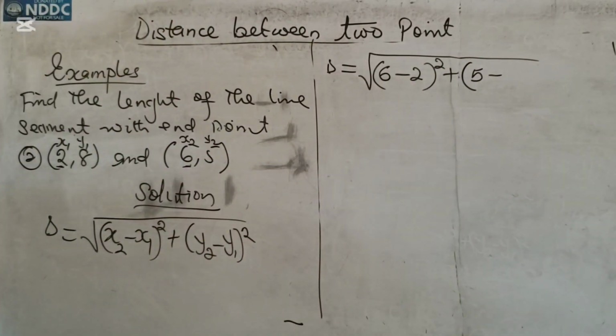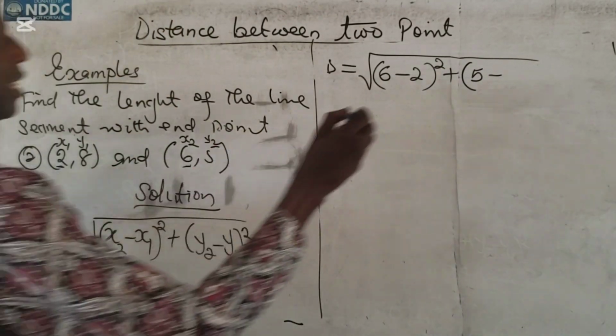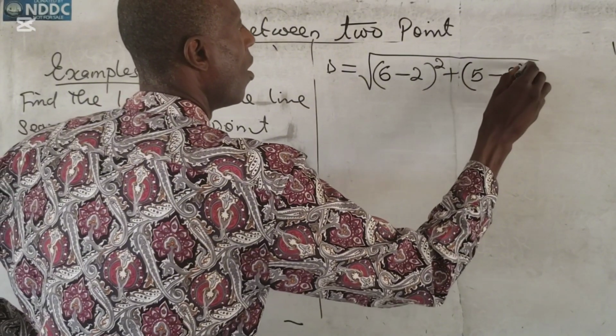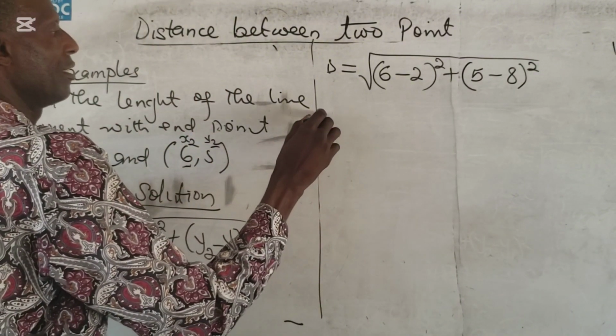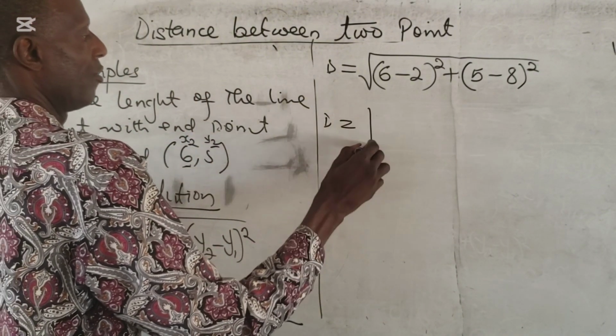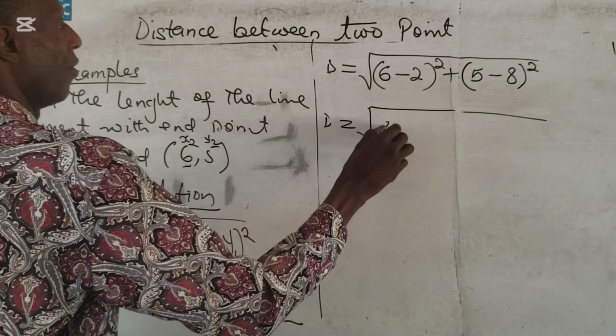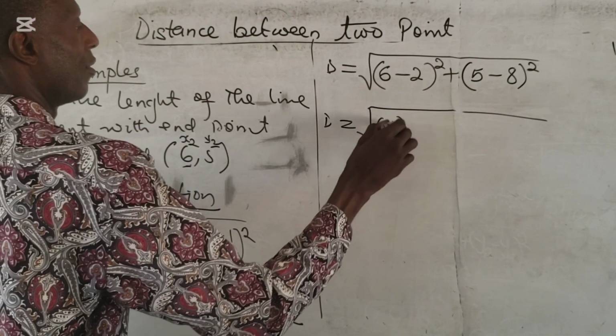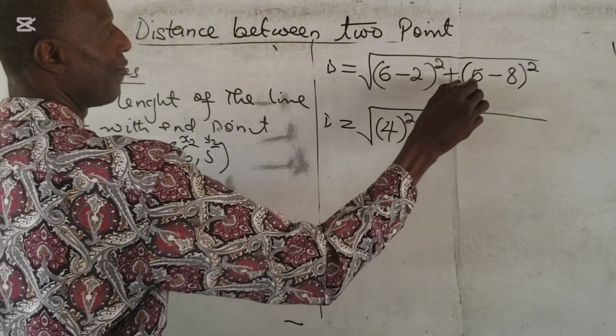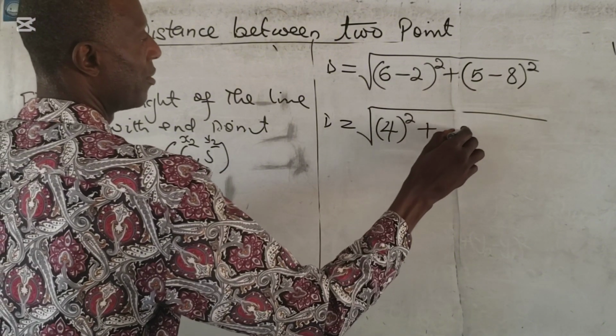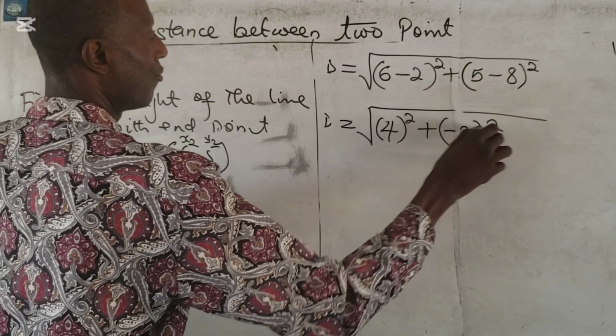What is y1? y1 is 8, all squared. So the distance between the two points here will be the square root of 6 minus 2, which is 4. So here is 4 squared plus 5 minus 8, which is minus 3, all squared.